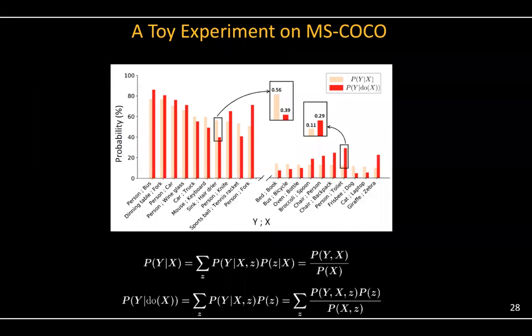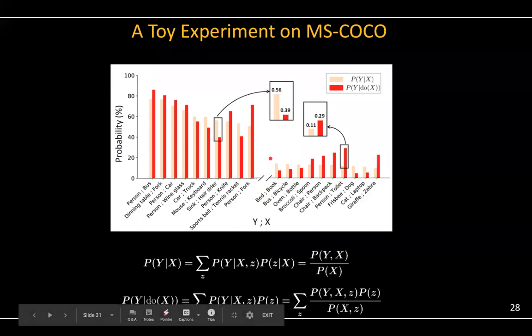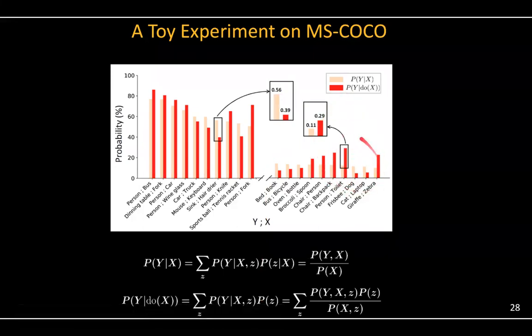Okay, if we go back to this paper, they propose a toy experiment on a data set called MS COCO. If we just do the statistics, we know that the conditional distribution of P of Y given X will be 0.11.